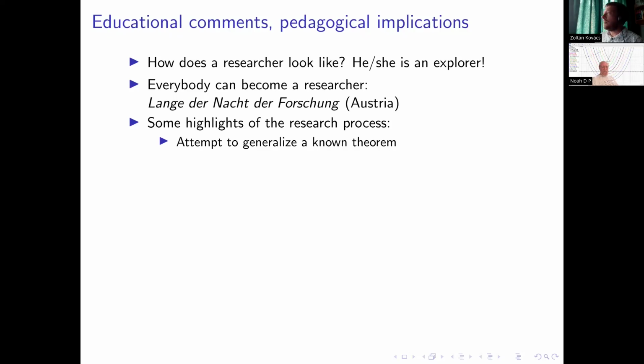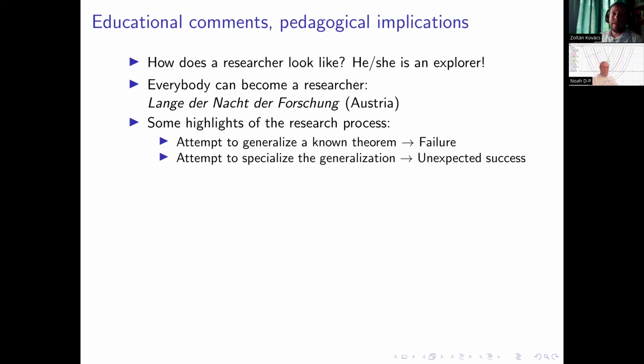Let's summarize some very interesting ideas on how we faced this research project. Well, we tried to generalize something by using the Cayley oval, and we didn't manage to do that. It was a failure. Then we tried to specialize this generalization, and it was unexpectedly successful. Then we tried to generalize this in a different direction by using only monomials, and it was again a success.